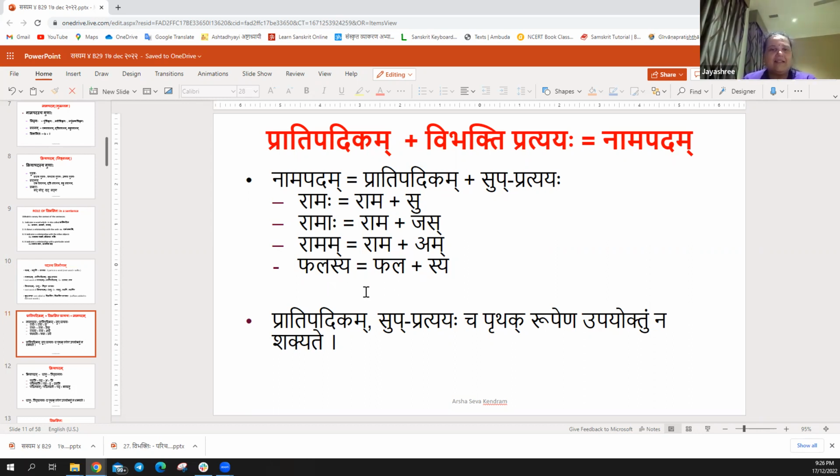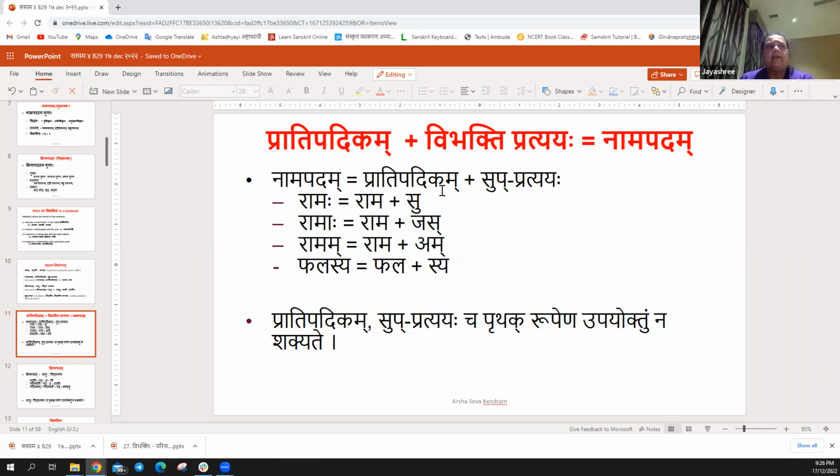This is just an introduction for you to know what Supratyaya is. Like Rama plus Jas, when it comes as Jas, it's Ramaha. Rama plus Am is Ramam. Phala plus Asya is Phalasya. These are easy ones. This is a bit confusing, but we don't have to think about it. It's just an introduction.